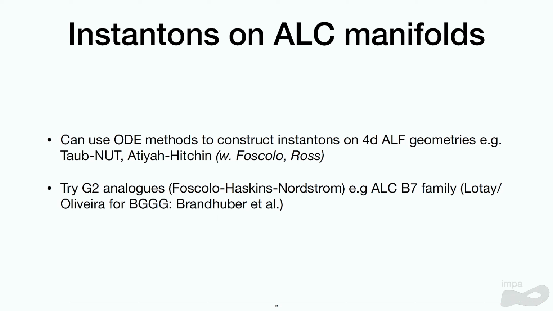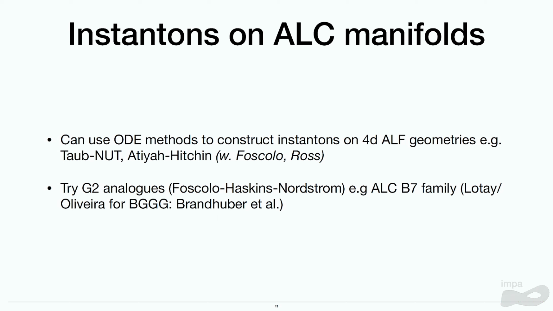One could try doing the same thing for the G2 analogs of these ALF geometries. For example, what's called the ALC B7 family, which was constructed by Foscolo, Haskins, and Nordström. This was studied for one of the members of this family by Jason and Gonzalo Oliveira.